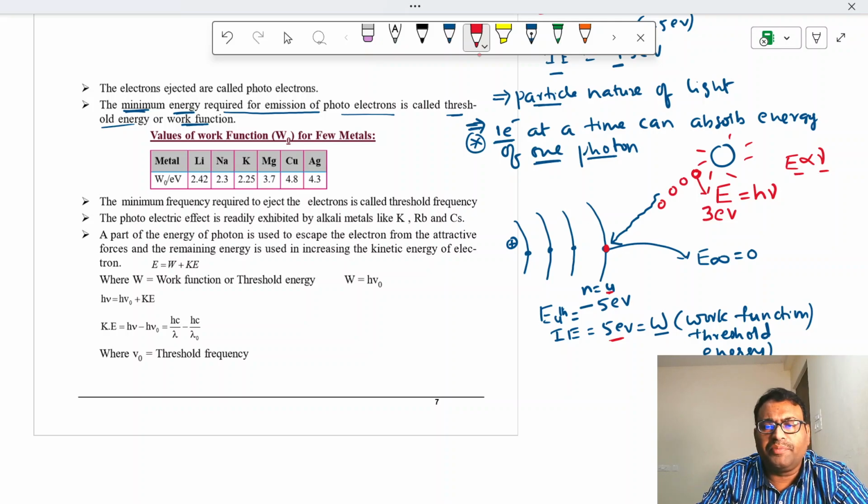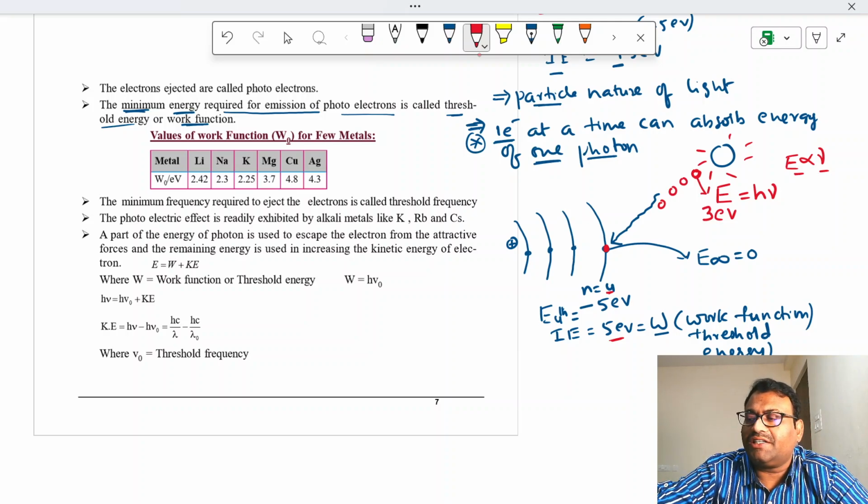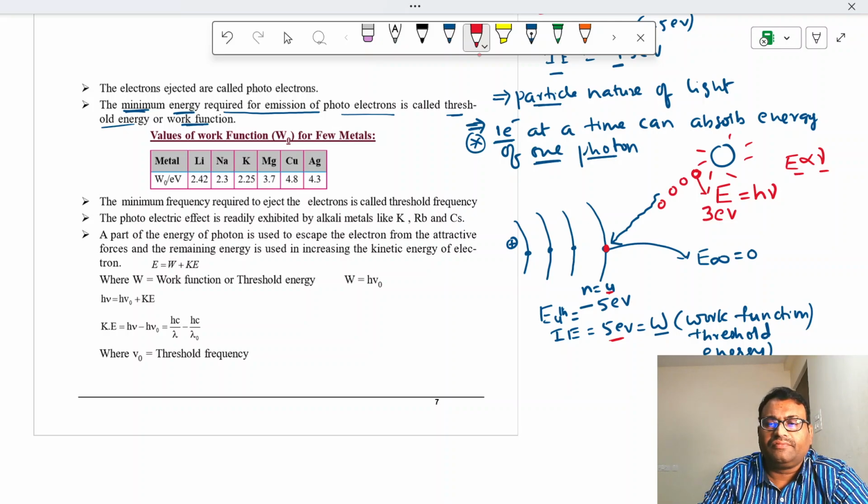Coming out means it is moving to a distance where the nucleus does not show any effect on that electron, that is, infinite distance. To move to infinite distance, 5 electron volts is required, but each photon has only 3 electron volts.